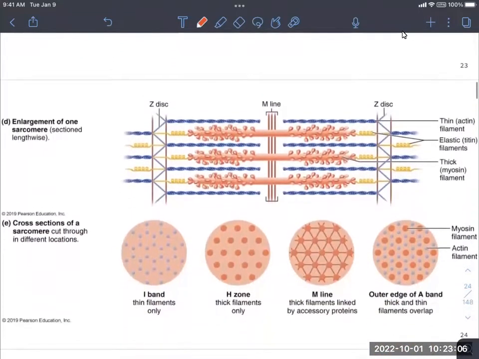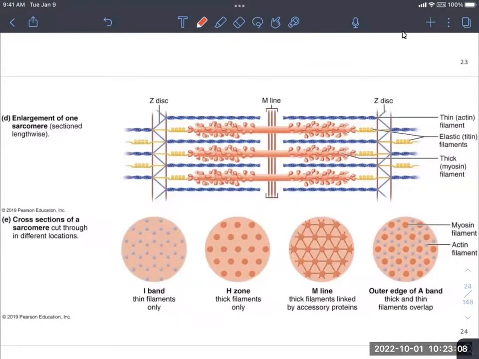So here is a drawing of what each of these actin and myosin filaments look like. The actin is always going to be blue in the drawings, and the myosin is always going to be red. So you can see this M line.